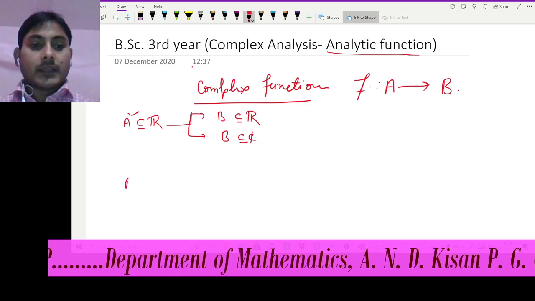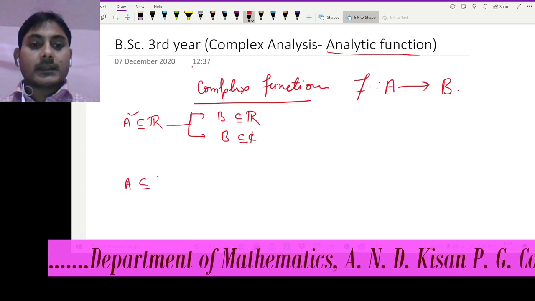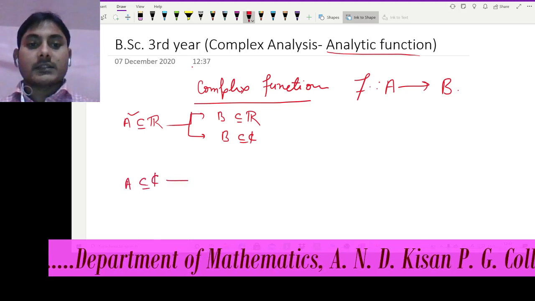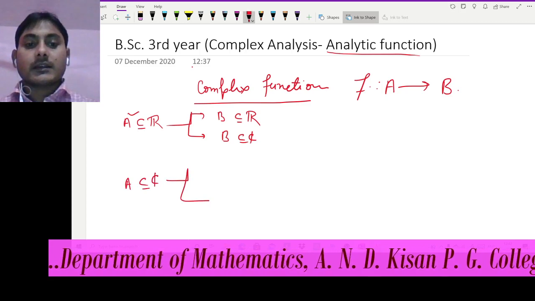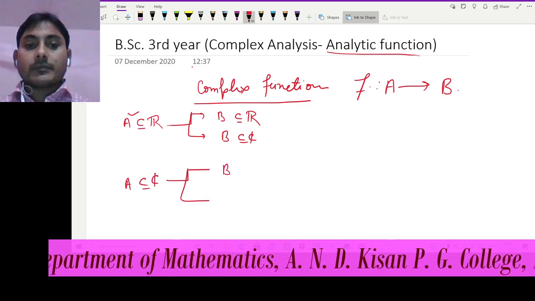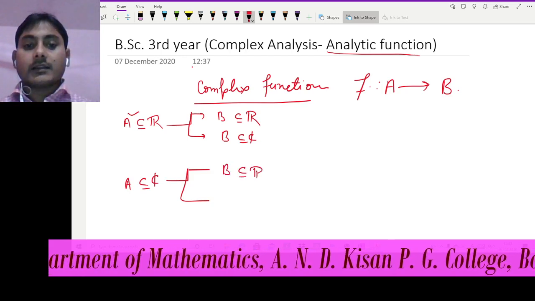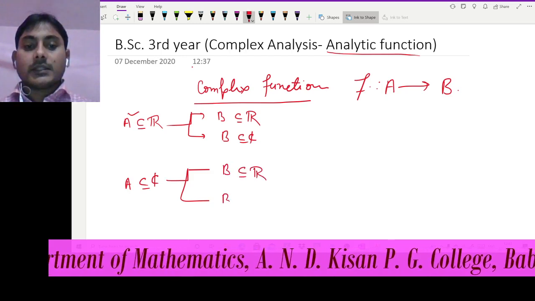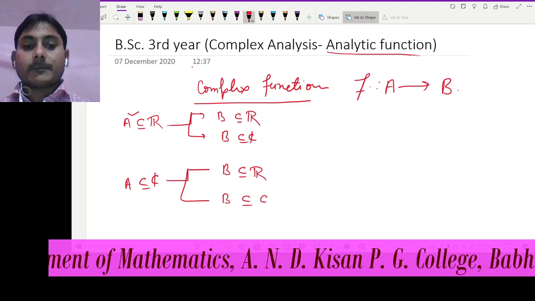Similarly, if A is a subset of C, then two cases arise, and the first case is B is a subset of R, and the second is B is a subset of C.